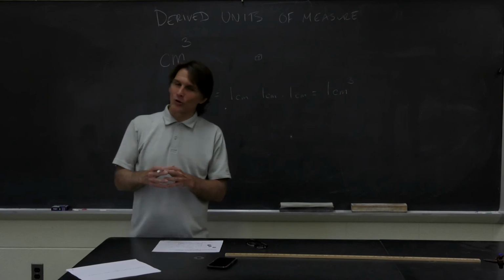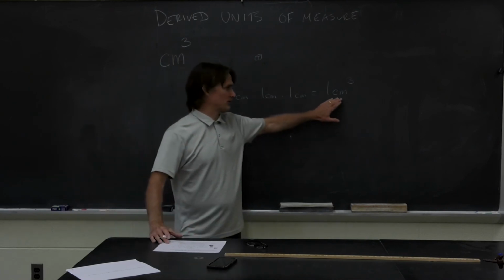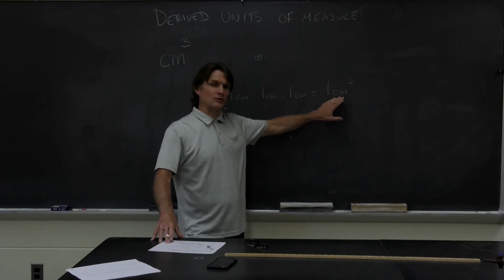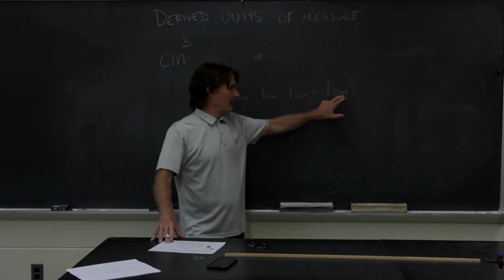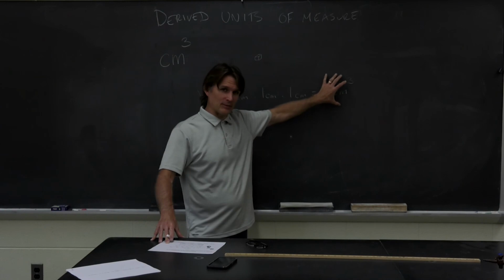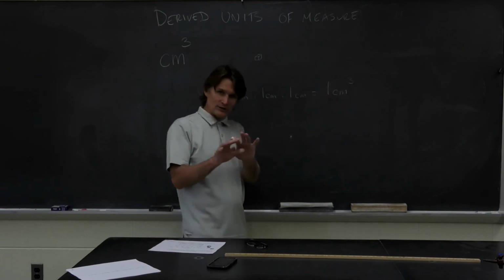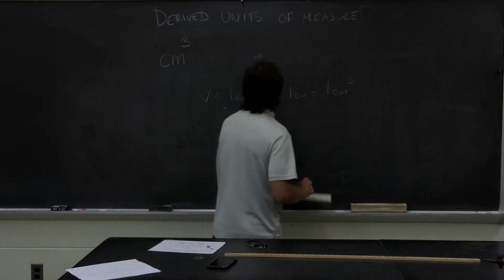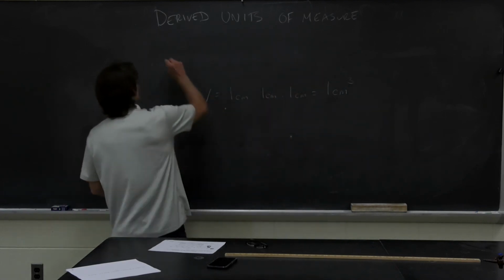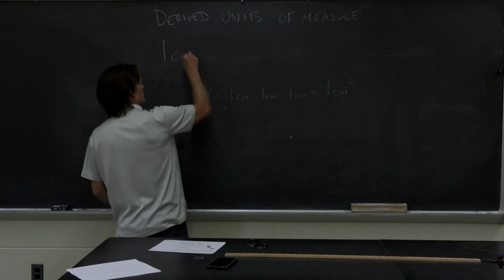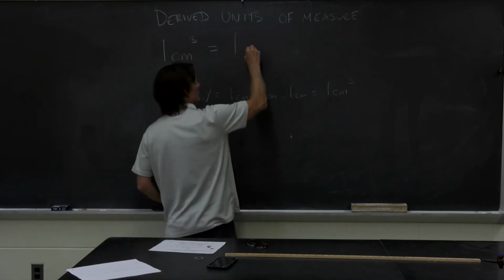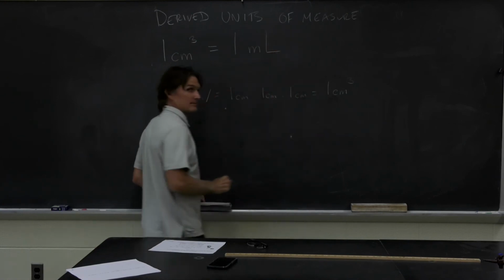There are also units of liquid volume, although this is reserved for units of solid volume. What's interesting about the centimeter cubed is it allows us a connection between solid volume and liquid volume in the following way. It turns out that 1 centimeter cubed is the same thing as 1 milliliter.